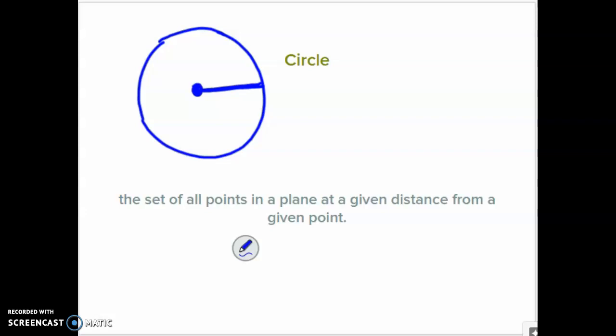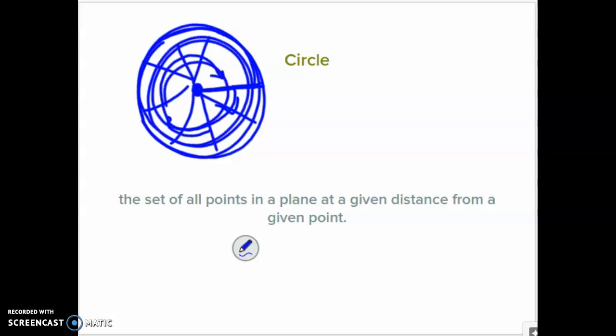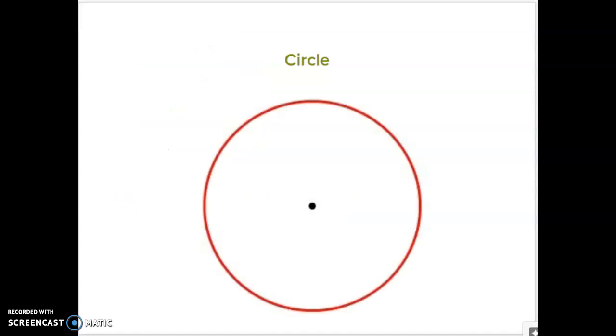I want you to think about a radar, like if you're on a boat or in a plane, radar to detect if something's close, how it goes around in a circle like that. That's kind of what this definition means: the set of all the points that this radius can loop around, the set of all these points in a plane at a given distance from a given point. If you want a picture better than that, even though that was pretty good, there you go.